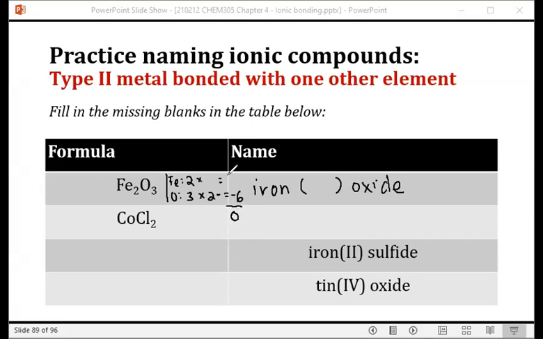And if these charges have to add up to 0, that means the iron must be providing an overall charge of +6. So that the positive charges plus the negative charges add up to 0. So if iron is supplying a charge of +6 altogether, and there's 2 atoms of iron, that means each atom has to have a charge of +3. So that when you take 2 atoms times a charge of +3 each, you get a total positive charge of +6. So that means we're dealing with iron 3 oxide. The Roman numeral shows us the charge on the iron.